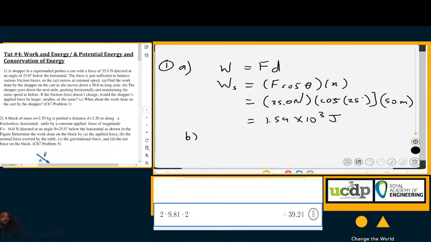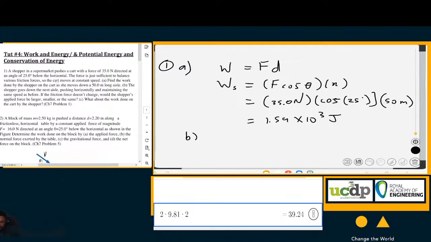They want to know, okay, if the friction force doesn't change, would the shopper's applied force be larger, smaller, or the same? So we're just looking at the applied force. So if the friction doesn't change, the friction stays the same.